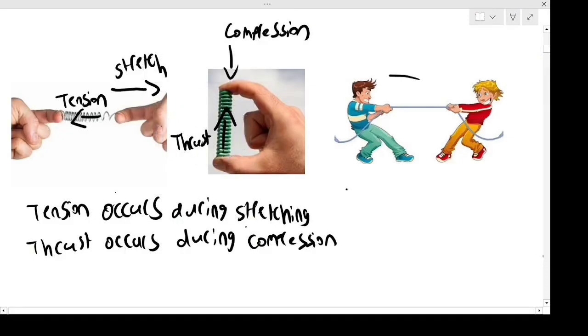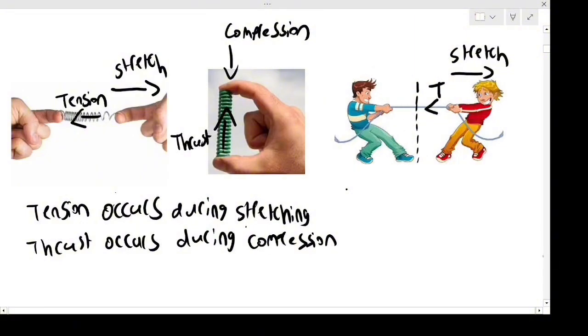Now the last example, we've got this tug of war situation. This blue string is being stretched both ways. I'm going to split it in half like this, so we've got two halves of the string. Firstly, on the right, the string is being stretched to the right, which means on that half the tension acts to the left.